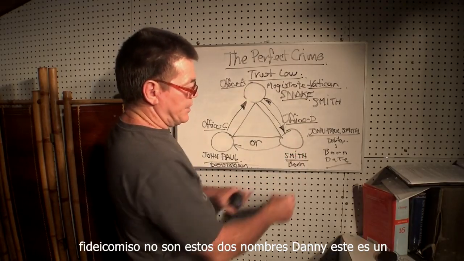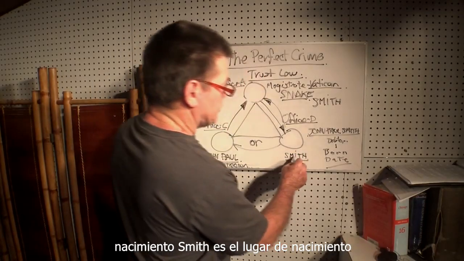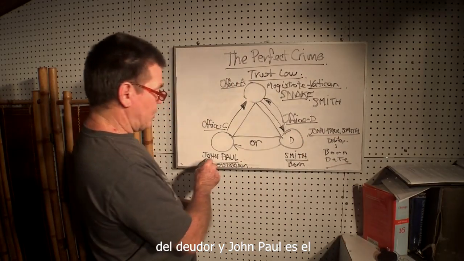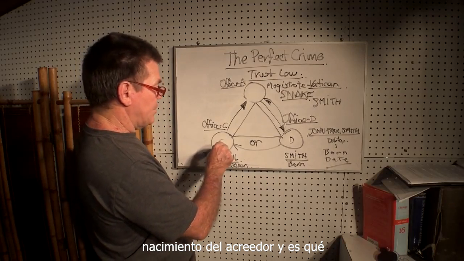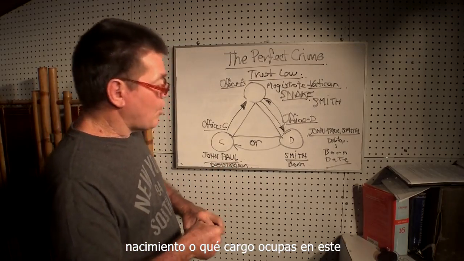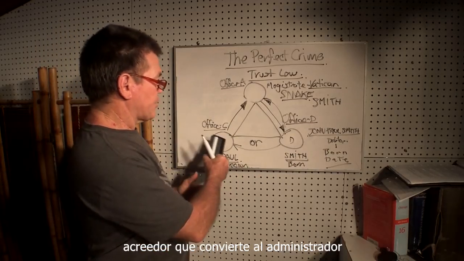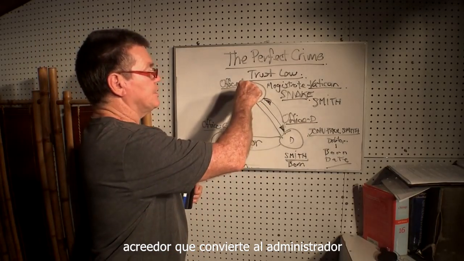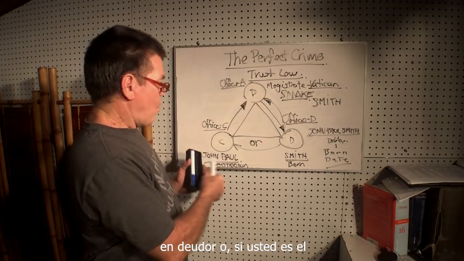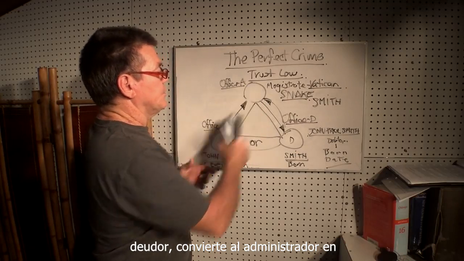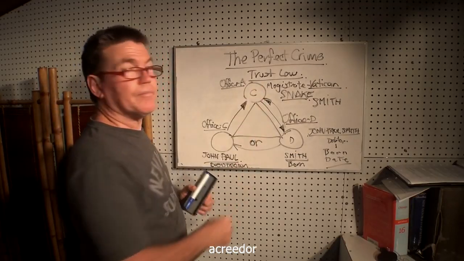These two names down here, this is a birth. Smith is the birthing place for the debtor, and John Paul is the birth of the creditor. And it's what birth or what office you hold in this system that makes you either the creditor, which turns the administrator into the debtor, or if you're the debtor, it turns the administrator into the creditor.